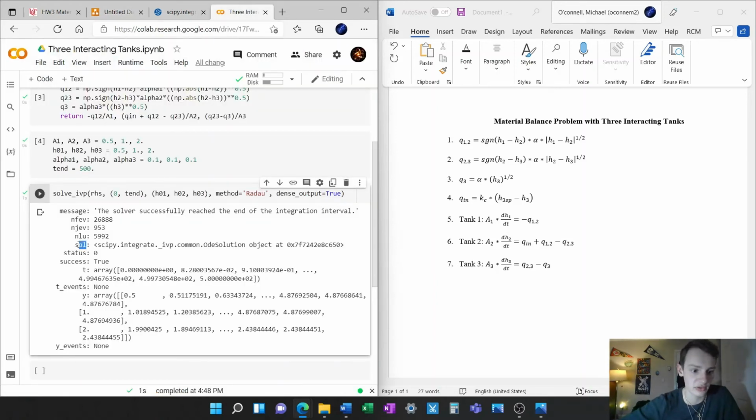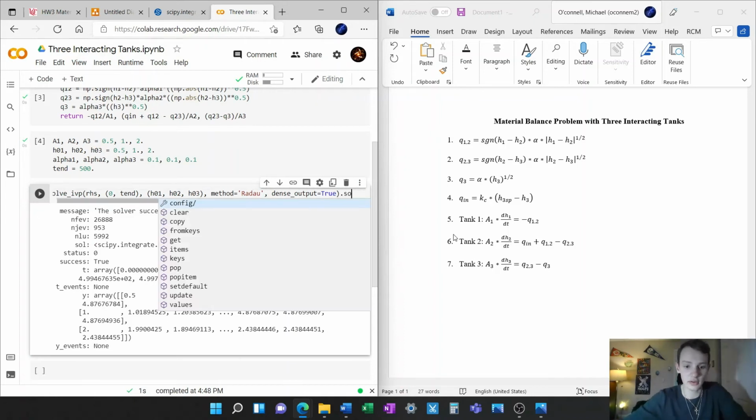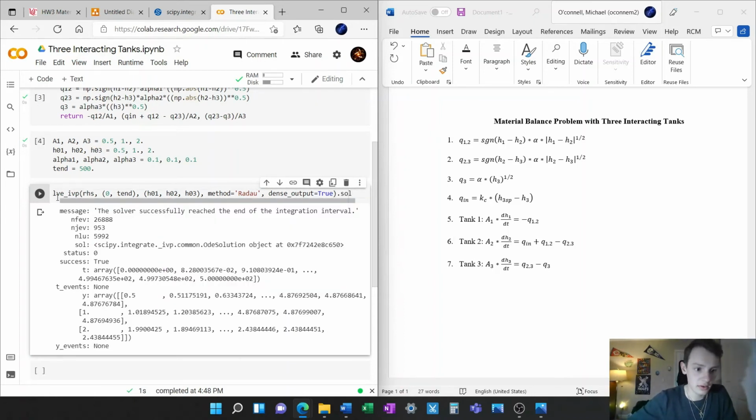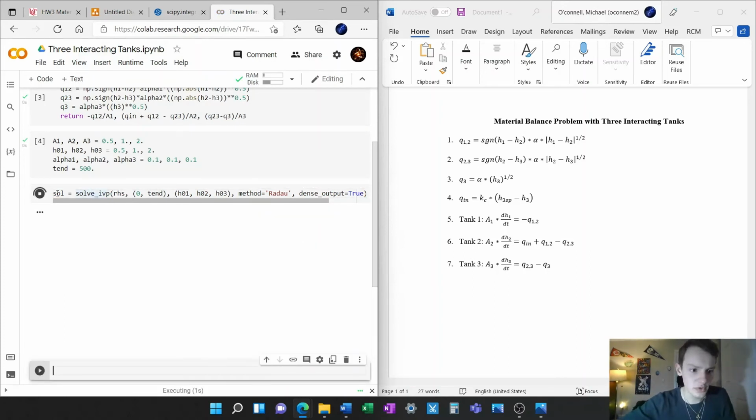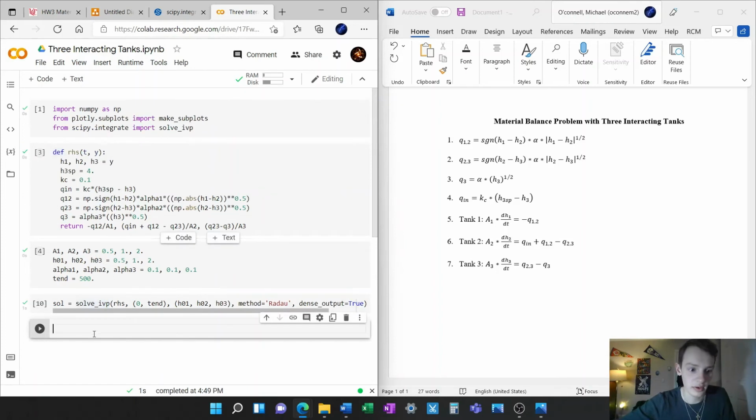So we can grab this sol attribute because we're going to need that to make a plot of the fluid height in each of our tanks. And we'll call that sol. Okay, so now that that's stored, let's create some time interval for plotting purposes, and we'll use our same time interval, right?